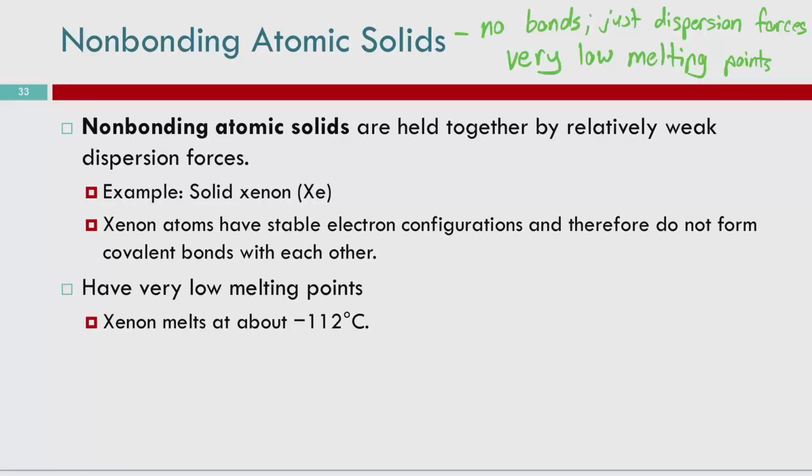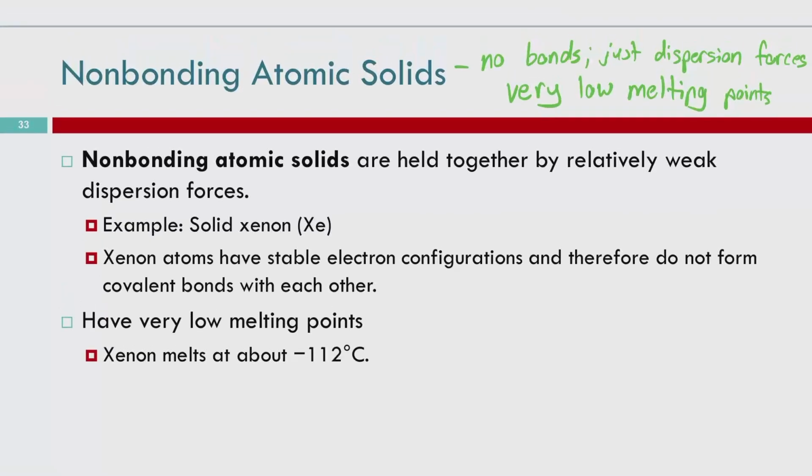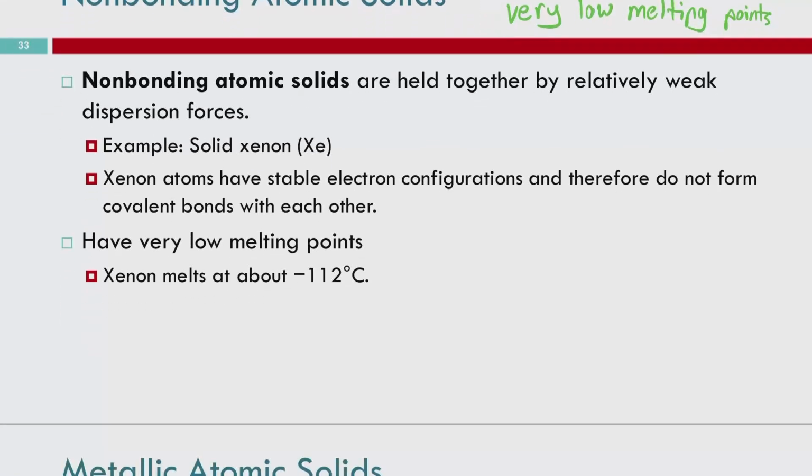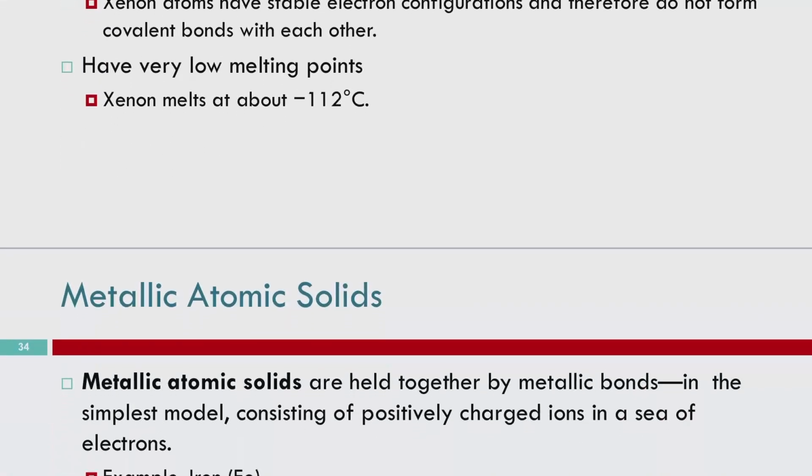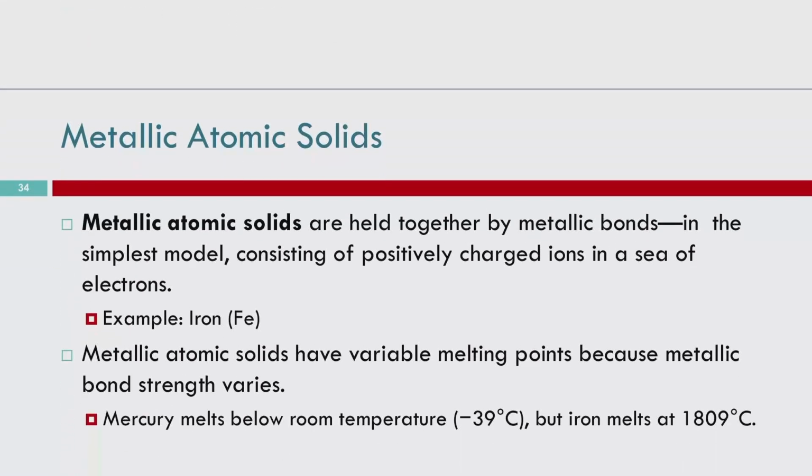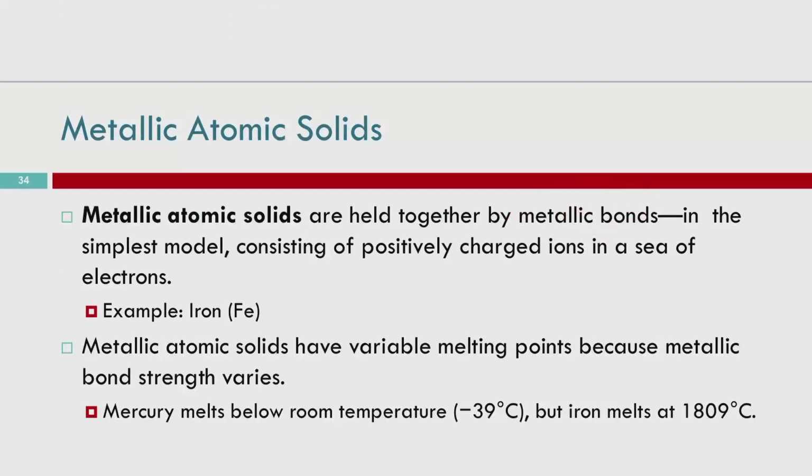So we had bonding, covalent bonds, atomic solids, non-bonding atomic solids. We also have metals that have their own special type of bonds. Metallic atomic solids are held together by metallic bonds.